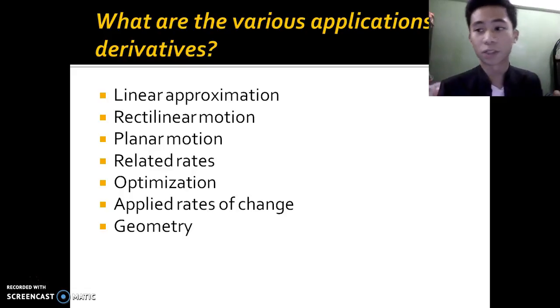We can use derivatives to solve for the volumes of several figures, to solve for the area, and in applied rates of change we can use derivatives to find out, for example, the rate of change when it comes to money, or the rate of change when it comes to decreasing or increasing, let's say, bacteria or population and things like that.